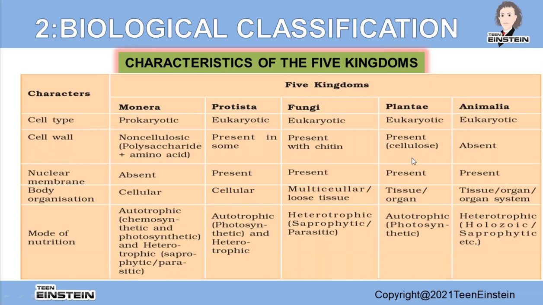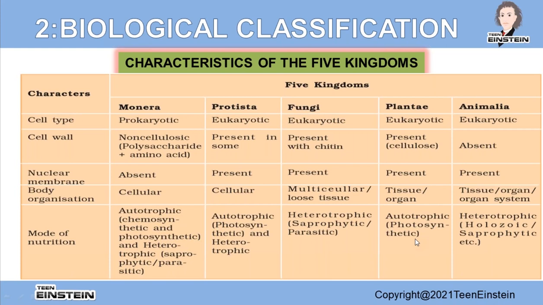And next is kingdom plantae. In kingdom plantae, the cell type is eukaryotic. And everyone knows that in plants the cell wall is made of cellulose. Nuclear membrane is present, since it is eukaryotic and the nucleus is present. Body organization, compared to fungi, is a little more advanced: tissue or organ level of organization is present.